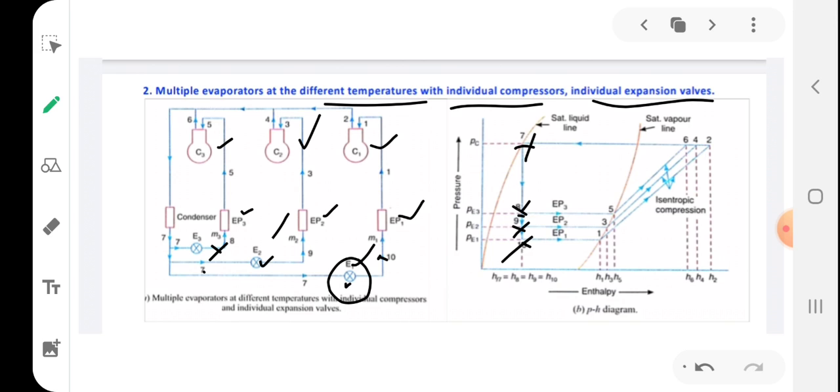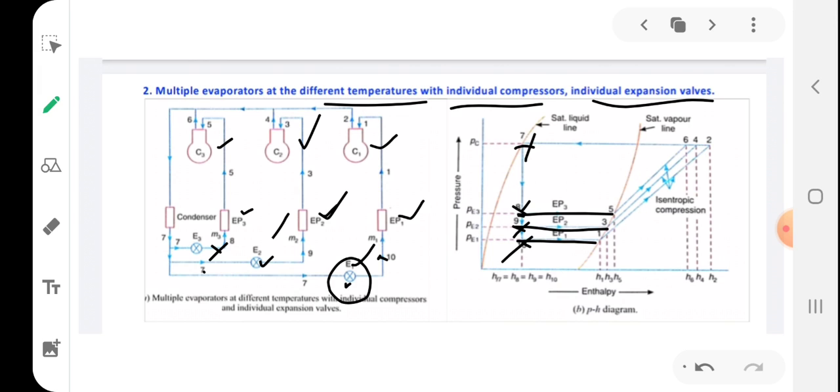So from the state at 10, the amount of refrigerant passing through expansion valve 1 will pass through the evaporator 1. So this much amount of refrigeration takes place in EP1, this much in EP2, evaporator 2, and this much in EP3.